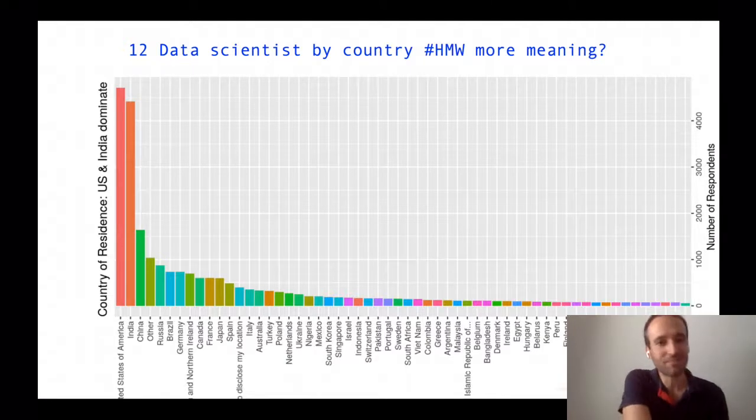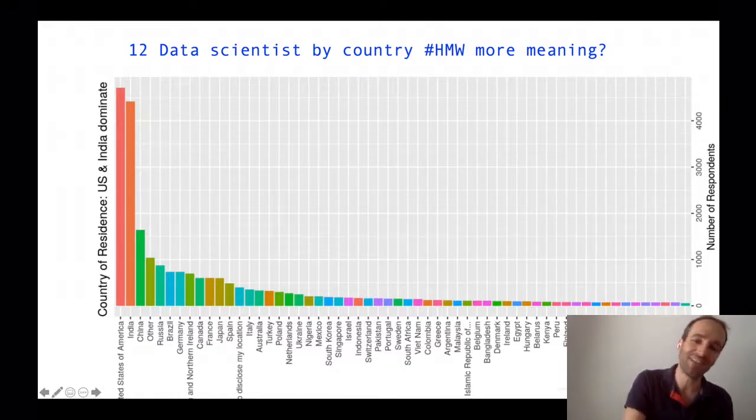Another challenge, same user, same survey data, 2018 Kaggle survey. And here we have, this chart is so typical. Here we have all the countries in the world and the number of data scientists in each country.